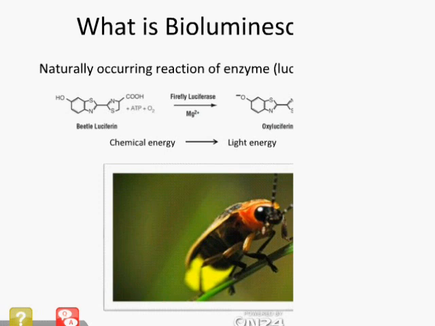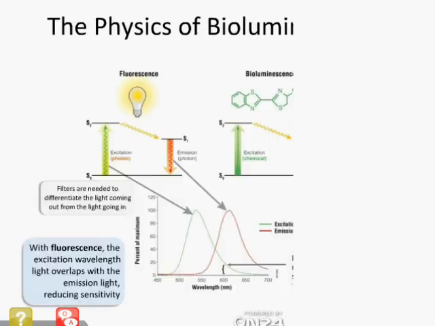There are some differences between bioluminescence and fluorescence, which is another technology that's commonly used. The main distinction is the means by which the excited states for photon emission are created. As you can see on the left-hand side of the screen, fluorescence assays require a large influx of photons in order to create the excited state.